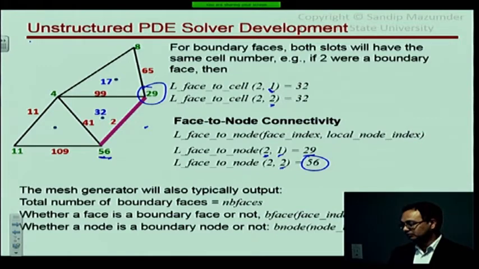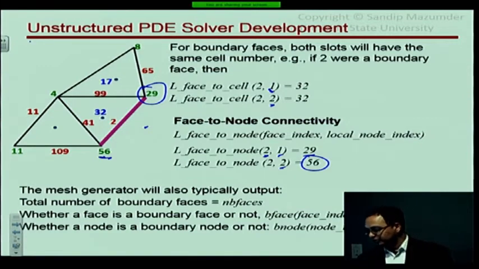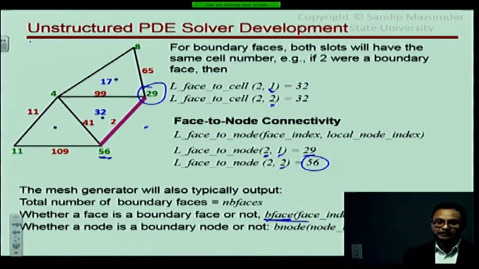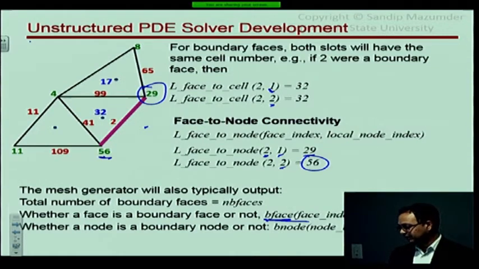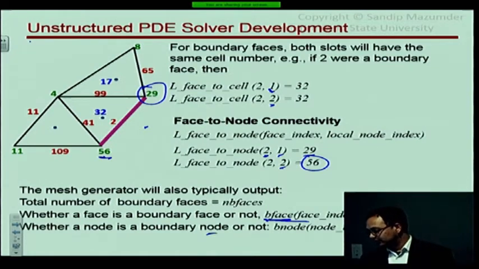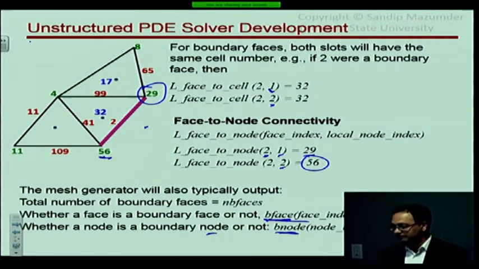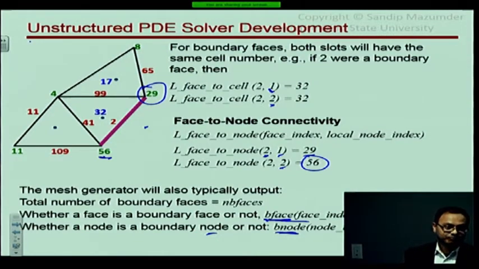For example, it will store an integer array called B face, which will be either 0 or 1. If it's 1, then it's a boundary face. If it's 0, it's an interior face. Same thing for nodes: whether that node resides on a boundary or not, it stores a flag to indicate that.